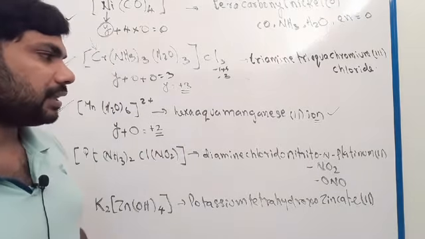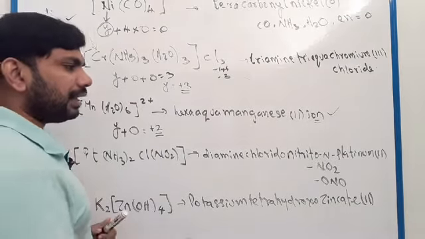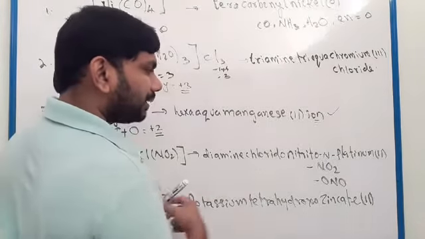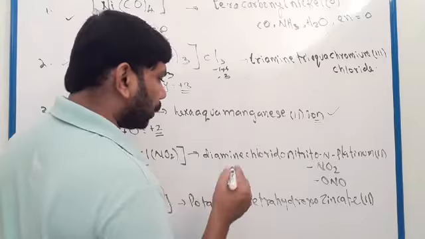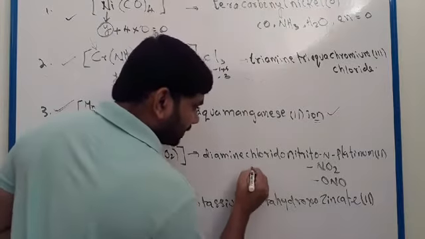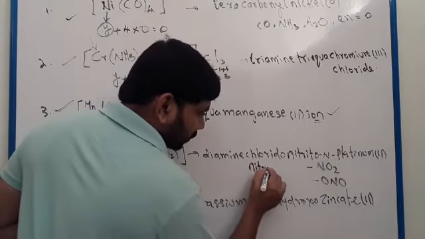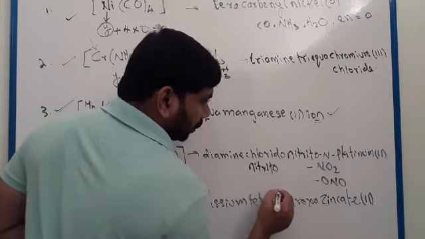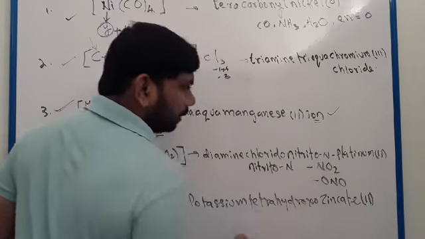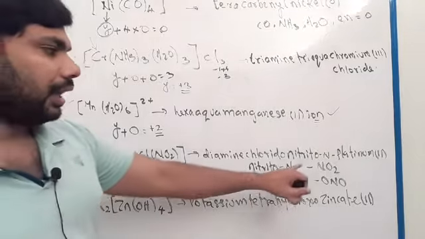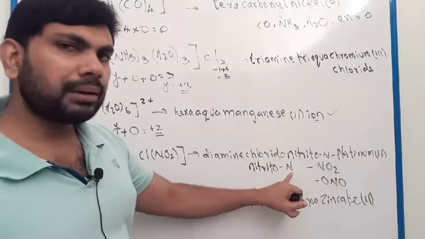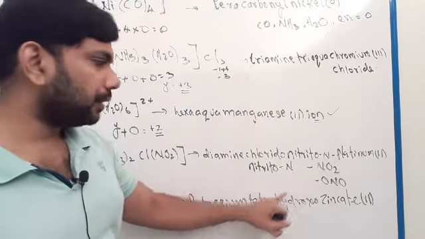That is an ambidentate ligand. So NO2 means we have to write its name as nitrito-N. Nitrito-N means NO2 with nitrogen making bond with the central metal atom.